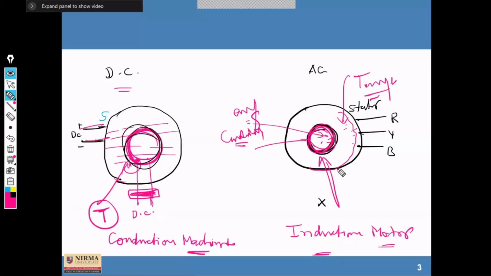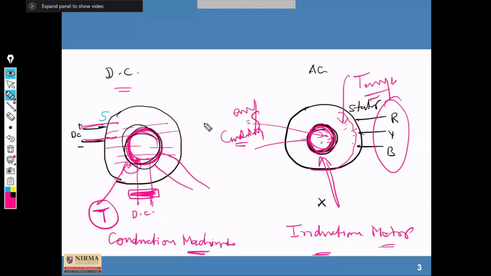Because in the rotor circuit we are inducing the current, we are inducing the voltage, and hence there is no need to supply current or voltage to the rotor circuit in an induction motor. So the construction is very simple because we are giving supply to the stator circuit only. And here in this case, we are giving supply to the stator as well as the rotor both.